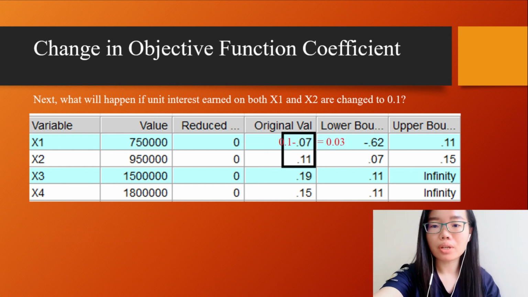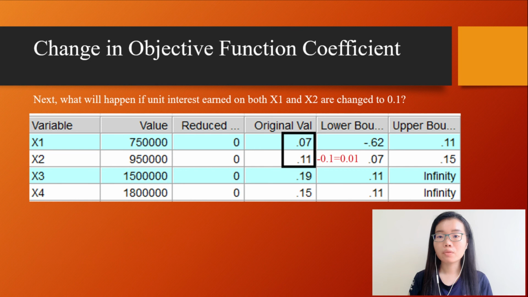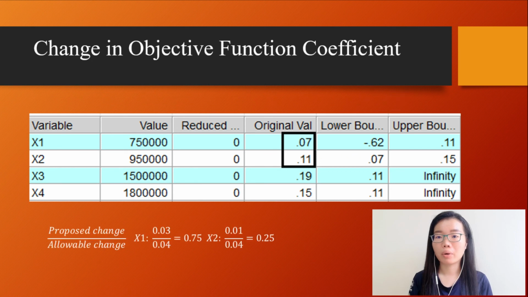The proposed increase for x1 is 0.1 minus 0.07, which gives 0.03, with an allowable increase of 0.04, giving a ratio of 0.75. Whereas for x2, the proposed decrease is 0.11 minus 0.1, which equals 0.01, and the allowable decrease is 0.04, giving a ratio of 0.25.